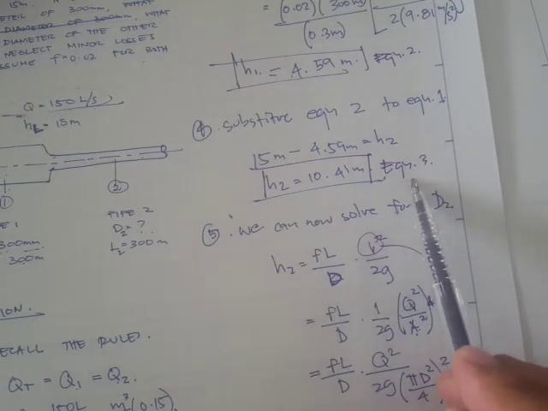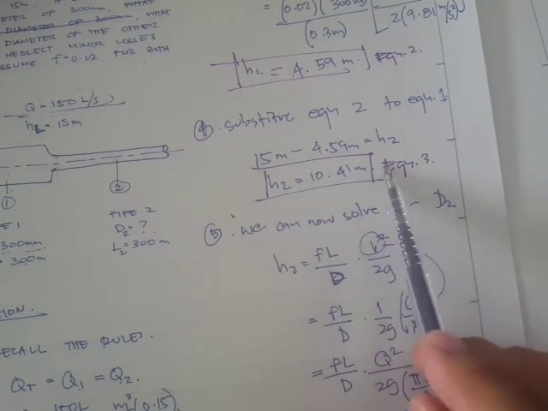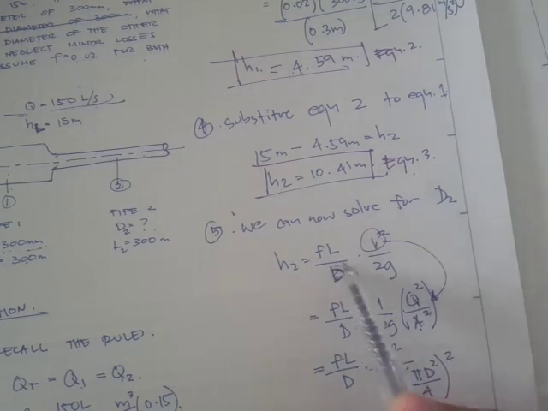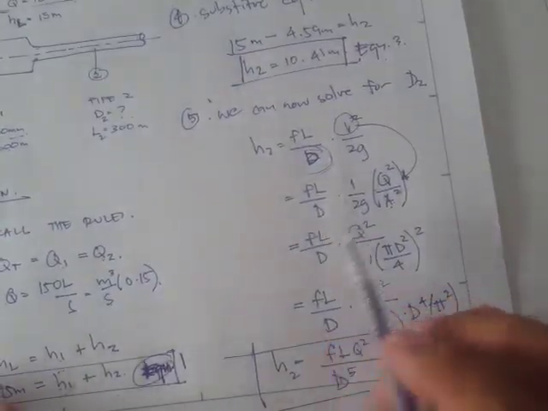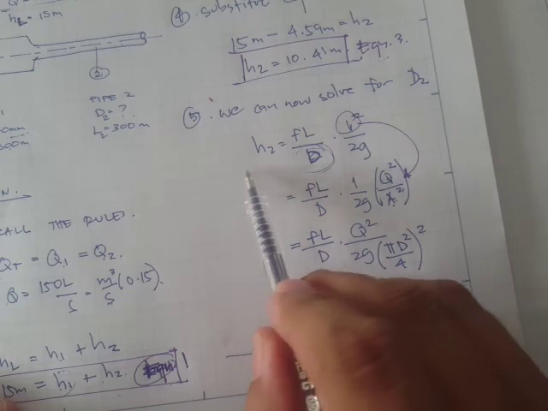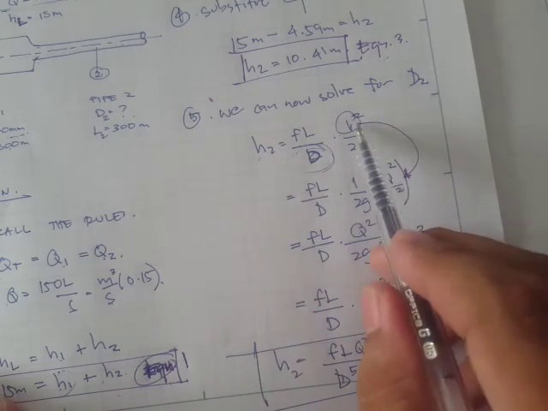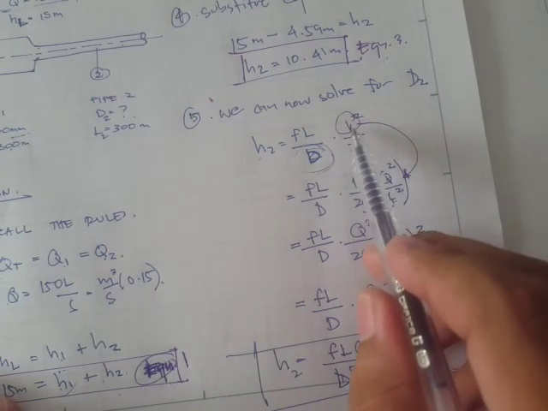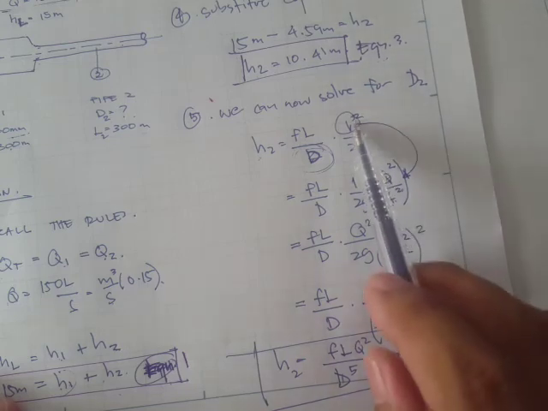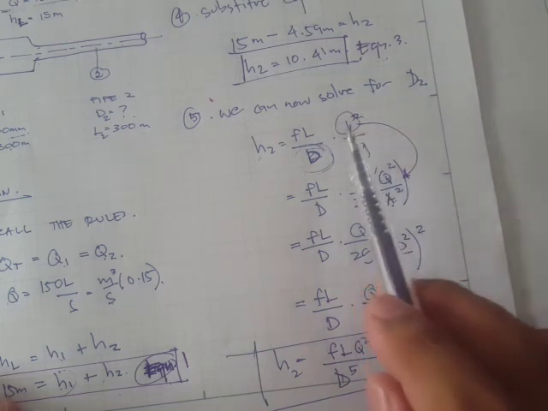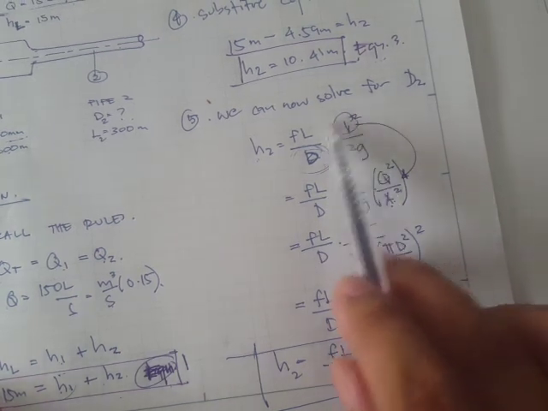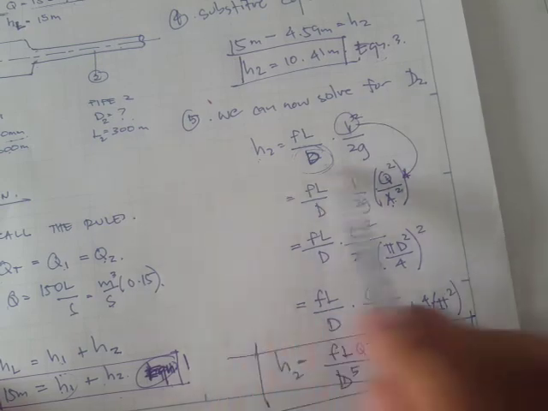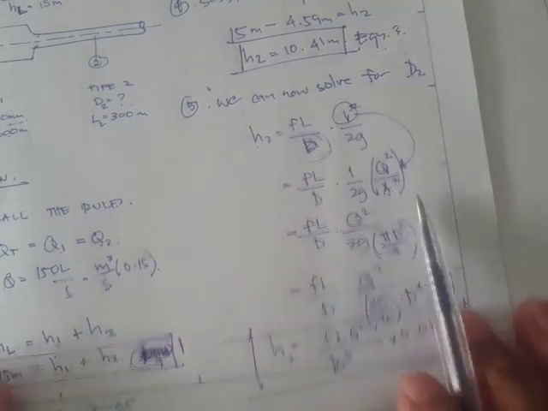And once we have this, we can apply the Darcy-Weisbach equation to solve for the D. However, we did some derivations of this head loss as a function of flow rate instead of a function of the velocity. Because velocity is also a function of diameter, we can just rearrange this equation in terms of diameter.